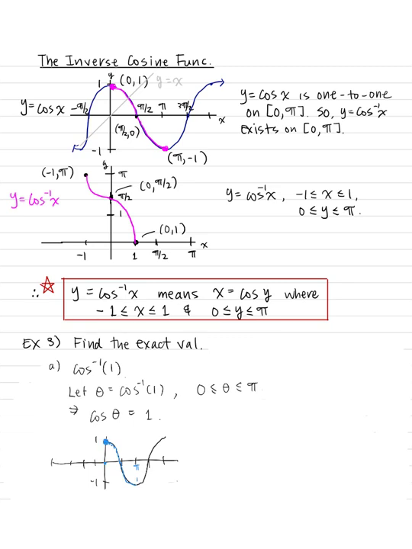I don't know if you can see that or not. Therefore, cosine of theta equals 1 when theta is 0. I'm just determining this value by looking at the graph, but there are other ways you can do it. So therefore, the cosine inverse of 1 is going to be 0.